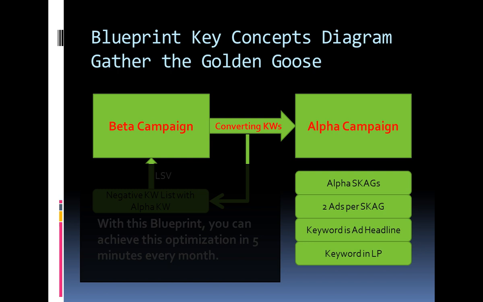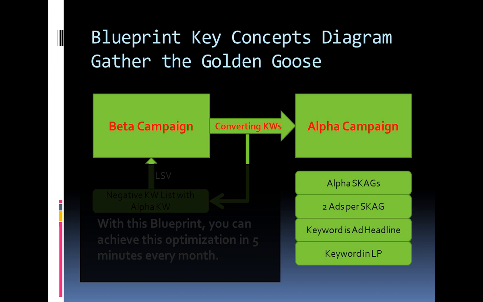In module 2 we talk about the alpha campaign, the alpha SKAGs, which is this video: alpha SKAGs, 2 ads per SKAG, keyword in ad headline, and then keyword in landing page. The last part we'll cover in the next module. So that's the high level view, or diagram, of the blueprint.